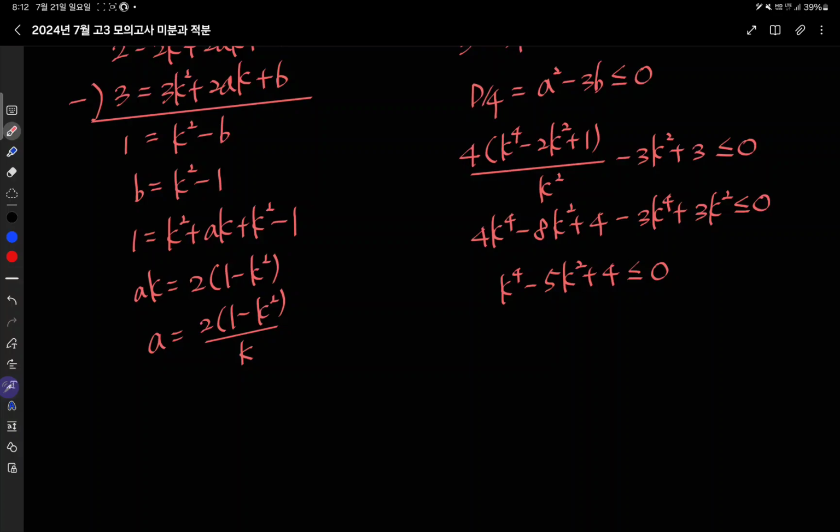So for this to be less than or equal to 0, k squared should be between 1 and 4, and because k is positive, k is between 1 and 2 inclusive.